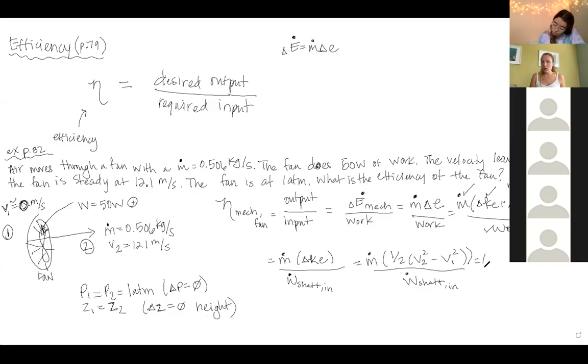We know our mass flow rate is 0.506 kilograms per second. 1/2, I'm going to run out of room. Velocity at point 1 is 0, so we're only looking at our velocity at point 2, which is 12.1 meters per second squared. And our shaft work here is 50 watts.